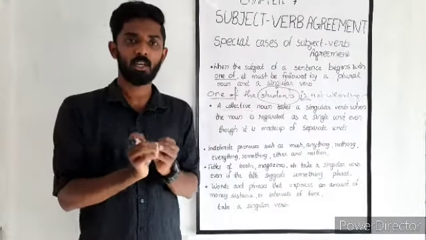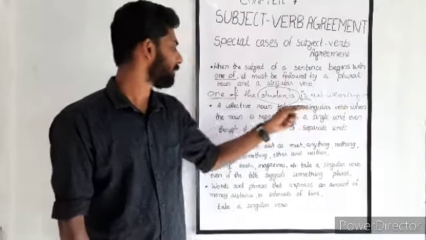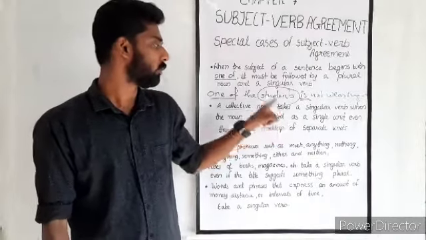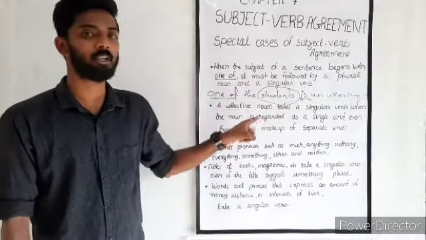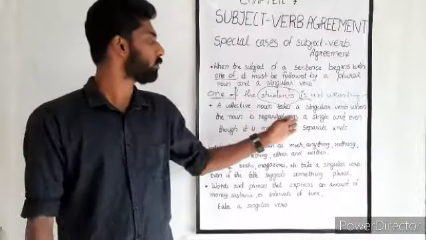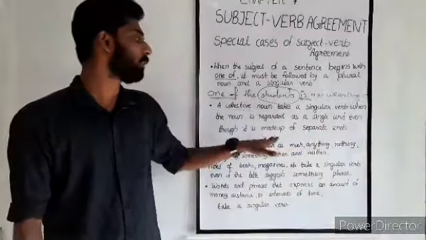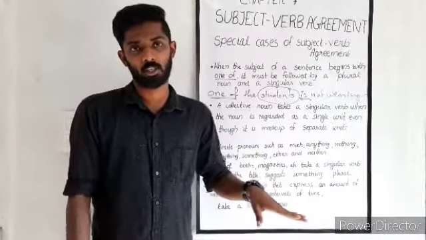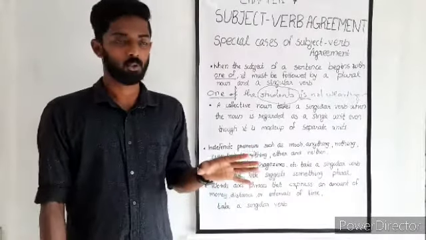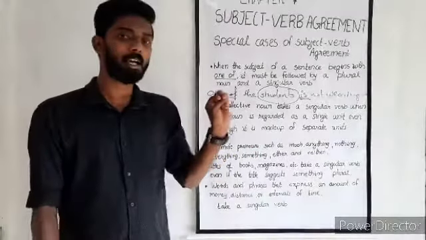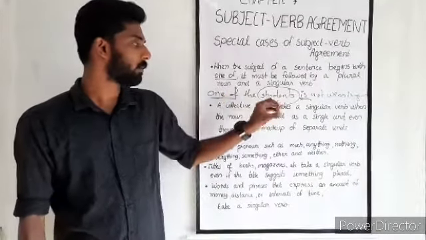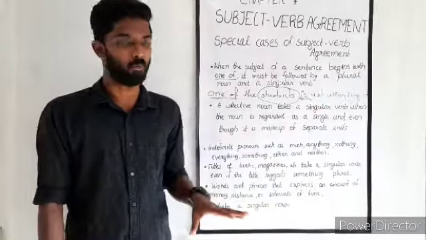That is why we use a singular verb form in the sentence, because we are not using a collective noun as different units, but we regard it as a single unit, even though it is made up of separate units, even though it has different units in it. So that is the main idea with regard to a collective noun that takes a singular verb form.